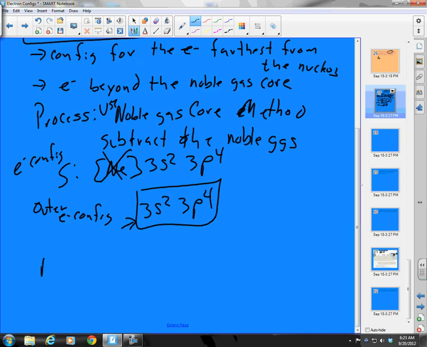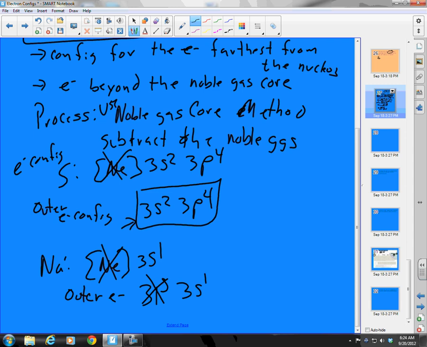So for sodium, I have neon 3s1. What's my outer electron configuration? I get rid of the neon, and so it would be just 3s1 for sodium.